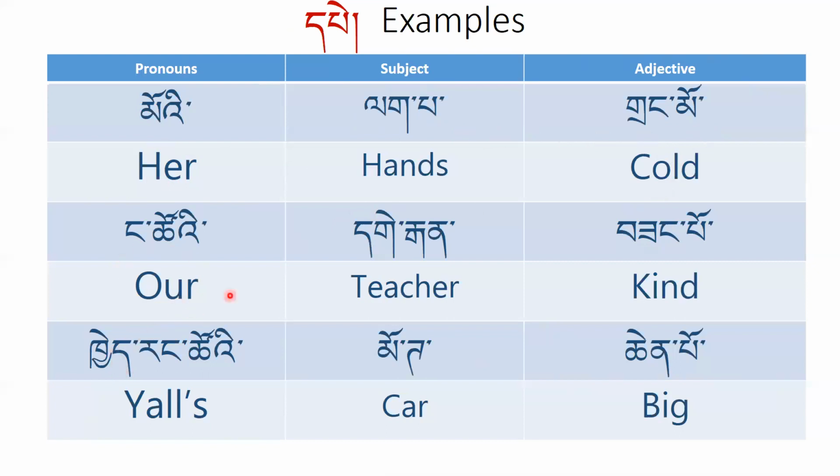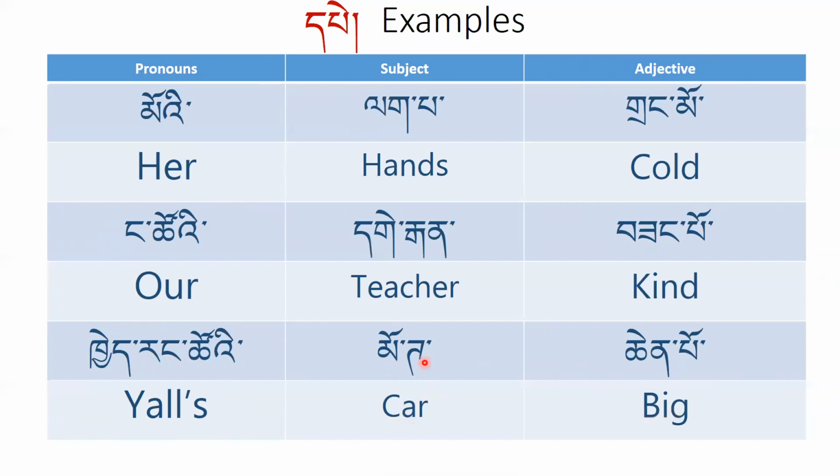Our, ngansu, gigen, teacher, sangbo, kind. Ngansu gigen sangbo, our kind teacher. Kiransu, yours, plural version of you, your yao's car, big.